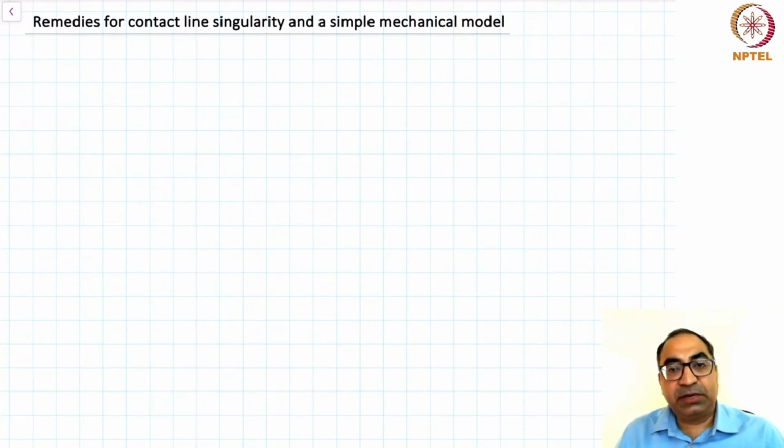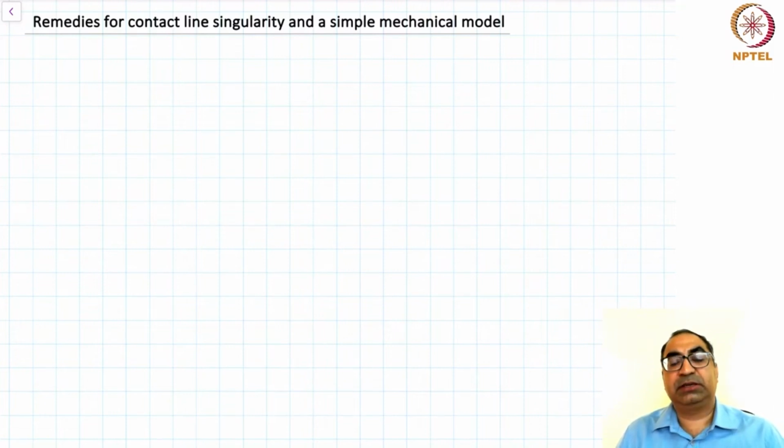And we will look at one simple mechanical model which basically gives us a relationship between the force and the velocity, or in particular, a relationship between the velocity of the moving contact line and the contact angle theta. Of course, this is a dynamic contact angle, and we will see a very, very simple model.